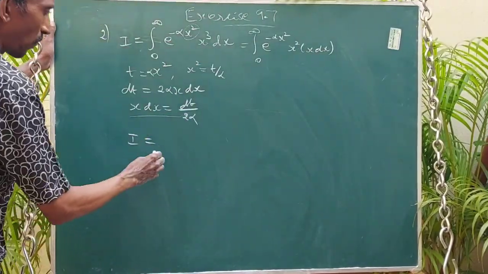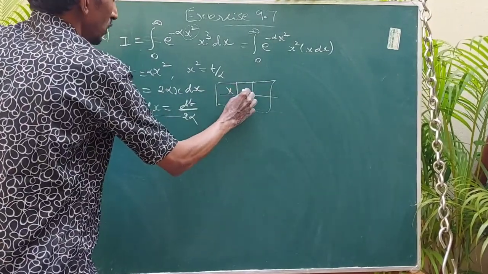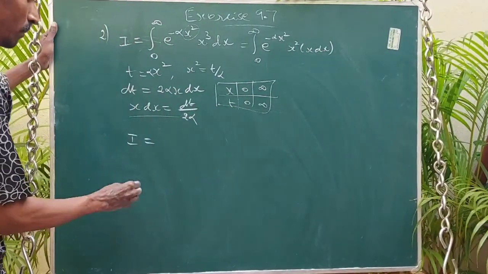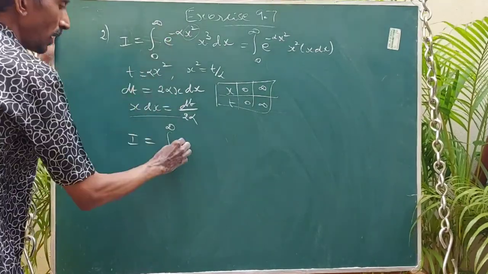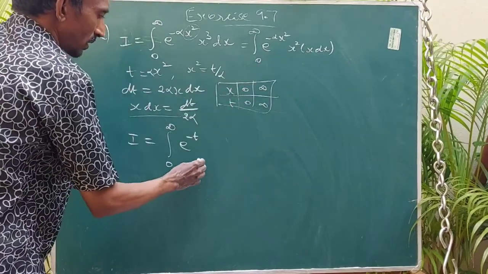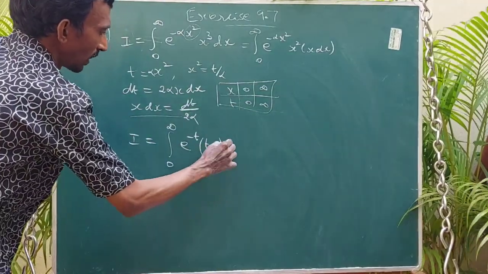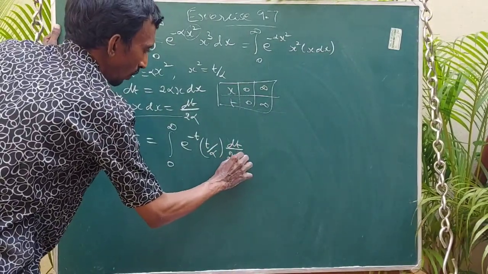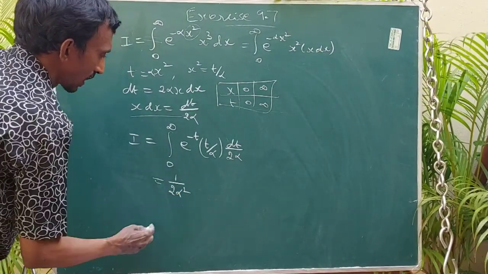Now if you apply it here, change of limit: x varies from 0 to infinity, t also, no change, the same 0 to infinity. So integral 0 to infinity e power minus t, x square is again t by alpha, so t by alpha into x dx, which is dt by 2 alpha. So 1 by 2 alpha square is a constant, take it outside.